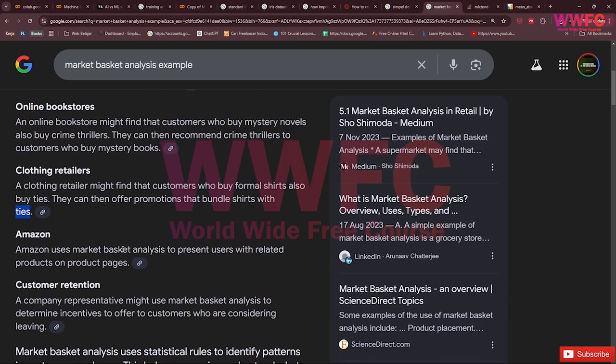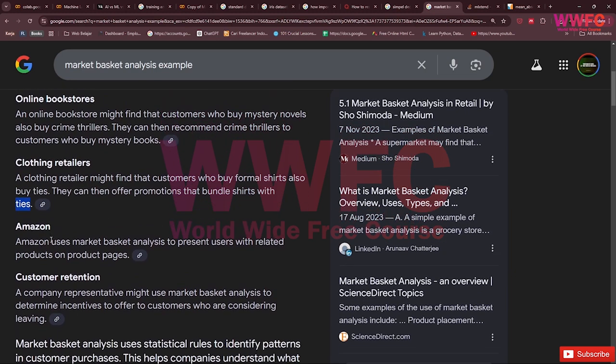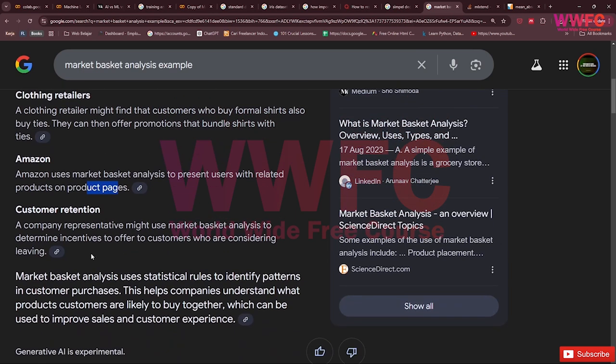Amazon also uses market basket analysis to present users with related products on the product page. And for customer retention, a company representative might use market basket analysis to determine what incentive to offer to customers who are considering leaving.